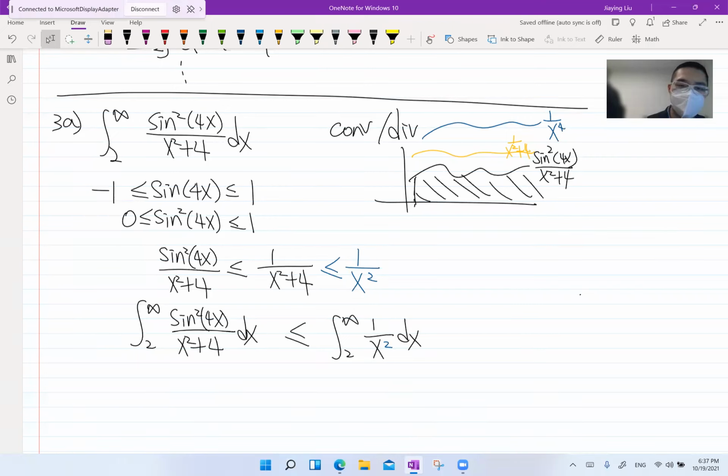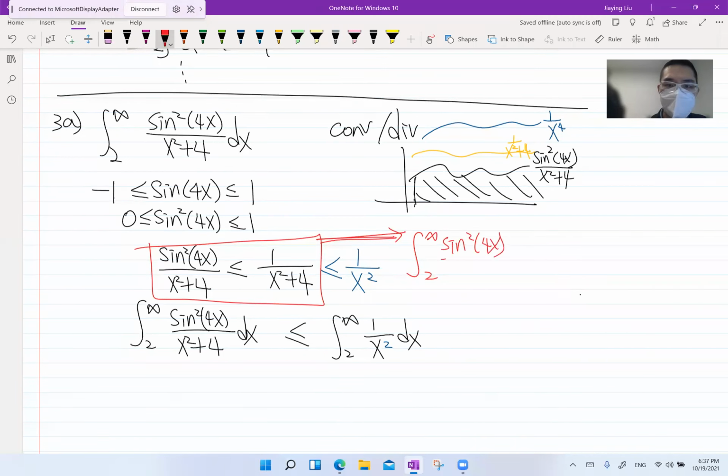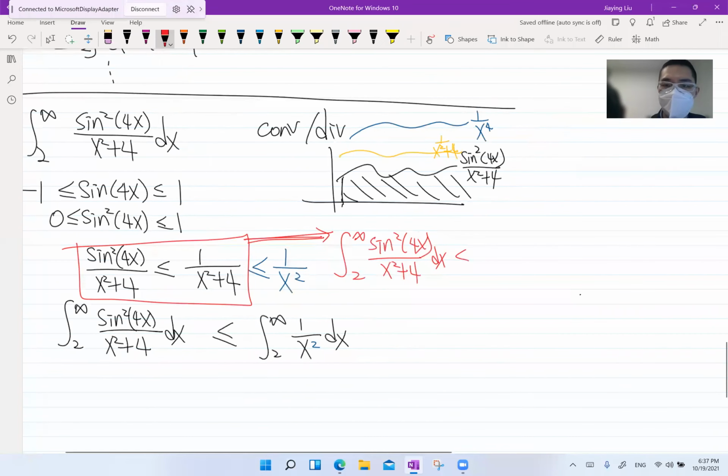If you didn't figure out the 1 over x squared, if you just take this inequality, you can compare the integral from 2 to infinity of sine squared 4x over x squared plus 4 dx. We know that's less than or equal to the integral of 1 over x squared plus 4 from 2 to infinity dx.